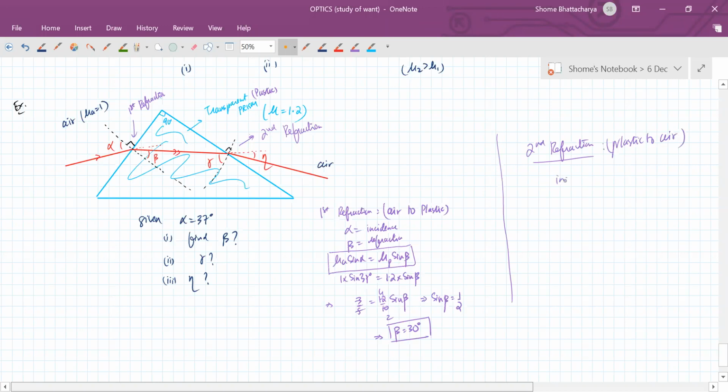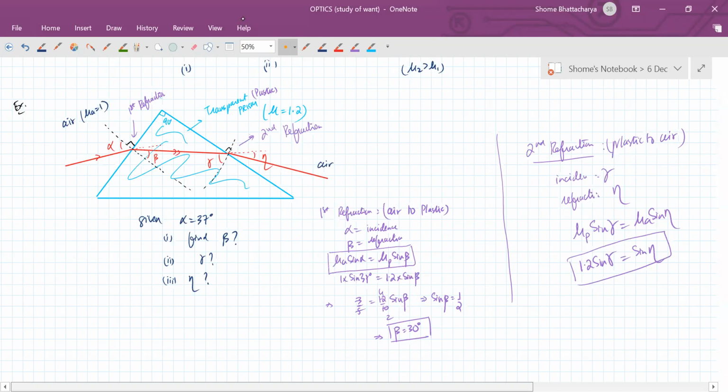And there the incidence is happening at gamma, and the refraction angle is eta. So we have refractive index of plastic times sine gamma should be equal to refractive index of air times sine eta. So we have this relation that 1.2 sine gamma should be equal to sine eta. Okay. But we need gamma first.